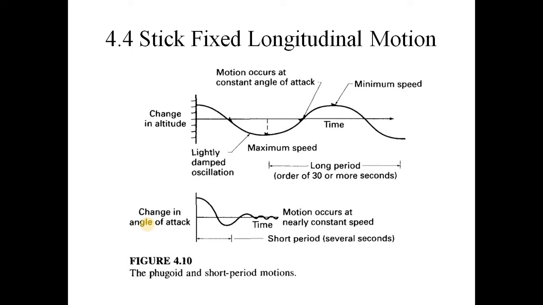But this occurs for a very short time, 1 second, 2 seconds, or maybe several seconds, tapi lepas tu dia hilang. So this motion occurs at nearly constant speed, and tengok dia beberapa saat hilang.